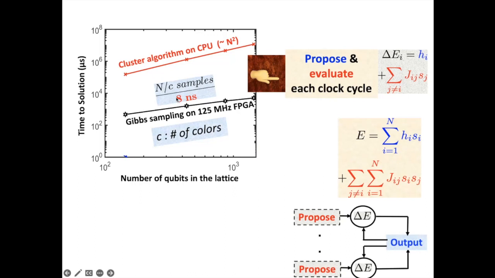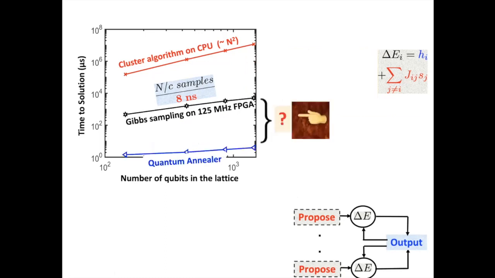Every clock cycle, every 8 nanoseconds, we are getting n over c samples. Unless you design it properly, so that it's properly pipelined and all that, you won't quite get this 3 orders of magnitude improvement. So what I want to stress is this 3 orders of magnitude improvement requires very careful design of the hardware, the proper architecture. But once you can do that, you get this significant improvement here.